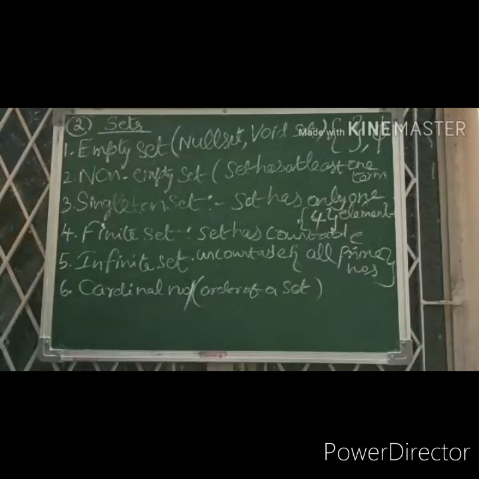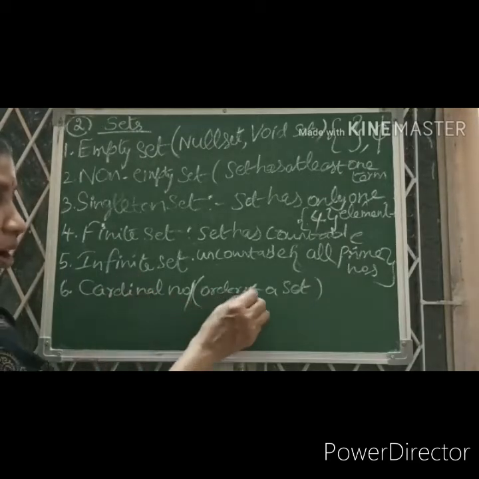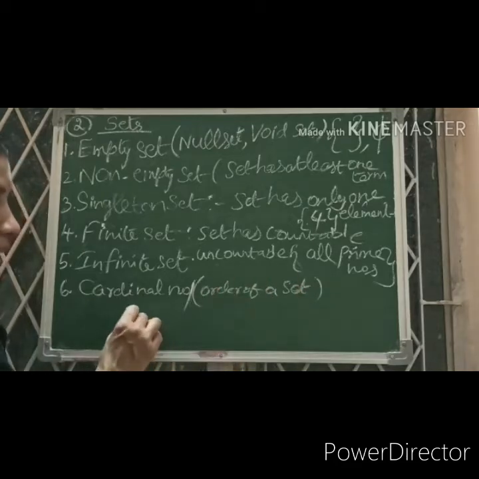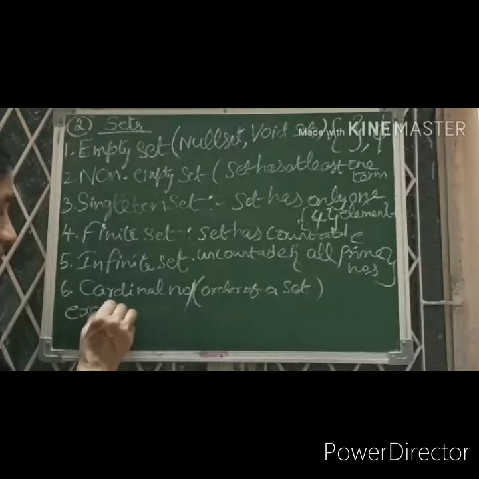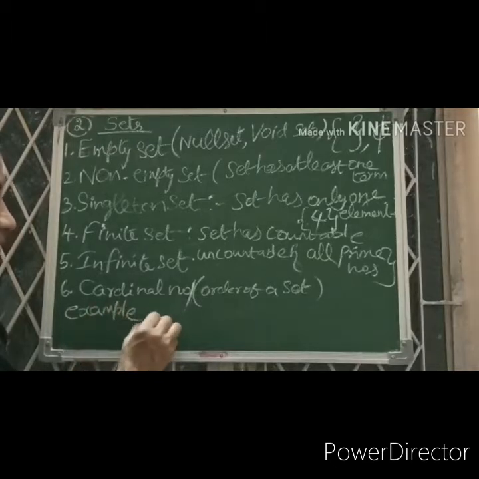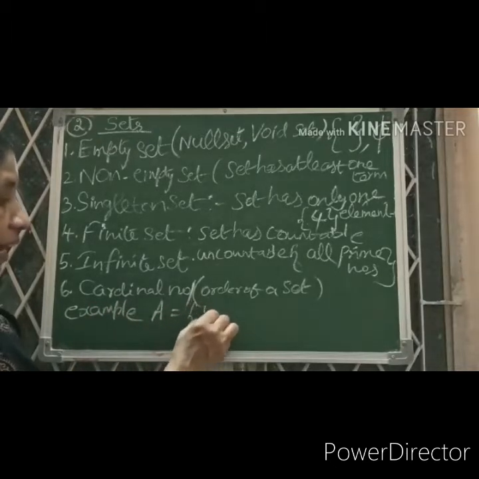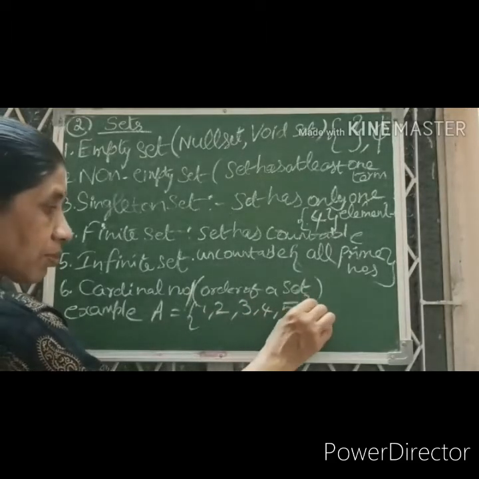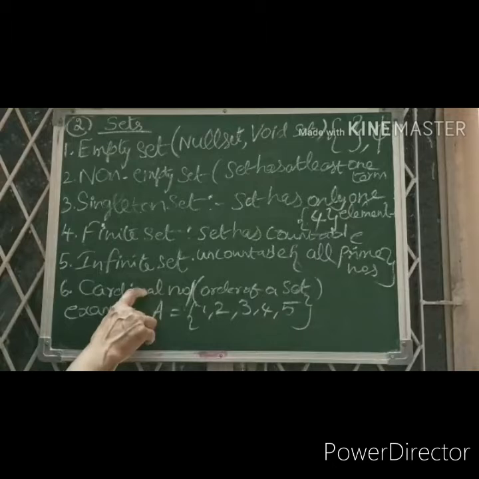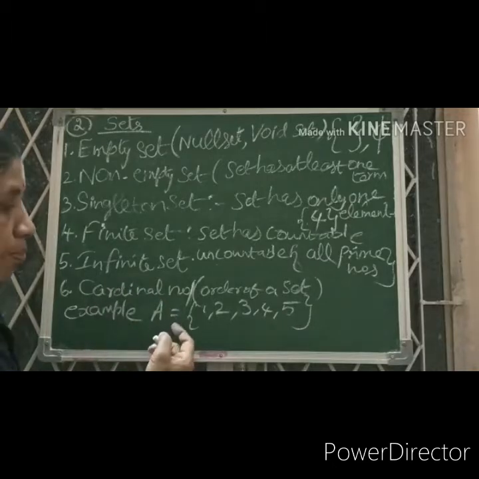Now I will explain what is meant by cardinal number, other name order of a set. It means you will count. For example, if set A has 1, 2, 3, 4, 5, what is the meaning of cardinal number?